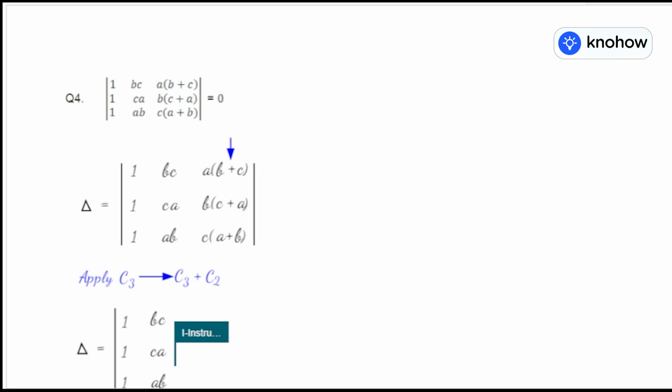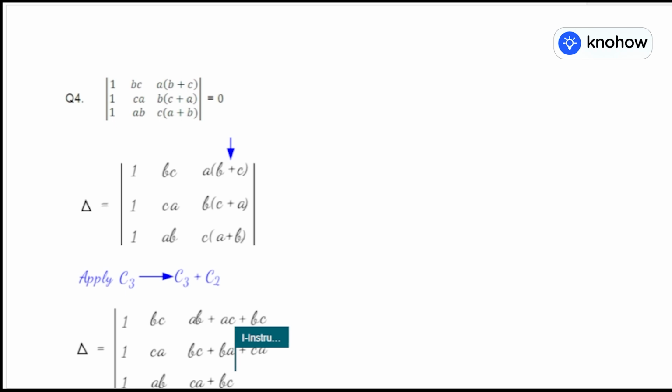Keeping the first two columns 1, 1, 1, BC, CA, AB as such and add the elements of column 2 to column 3. You get AB plus AC plus BC. Then you get BC plus BA plus CA, and in the third element is CA plus AB plus CA plus BC plus AB to be added.